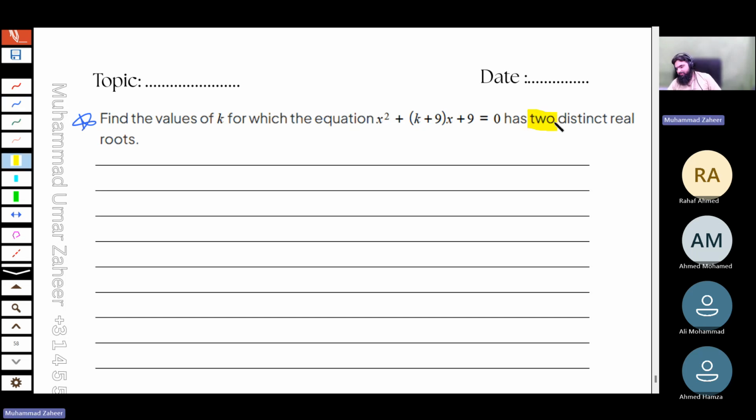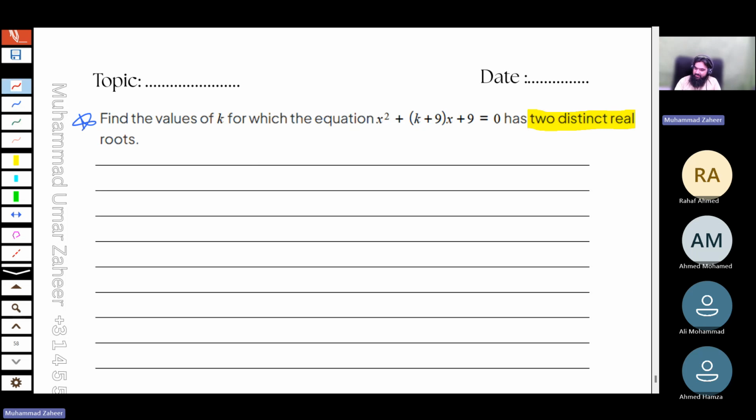Tell me, if there are two distinct roots, is the discriminant greater than 0, less than 0, or equal to 0? It is given that the equation has two distinct real roots. So just tell me, is the discriminant greater than 0, less than 0, or equal to 0? Greater than 0.